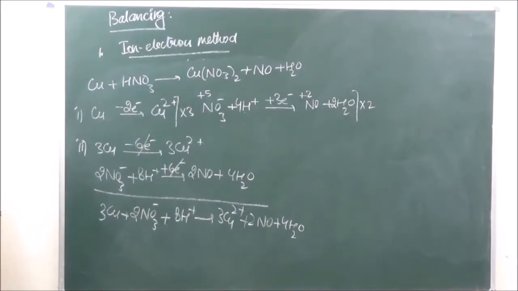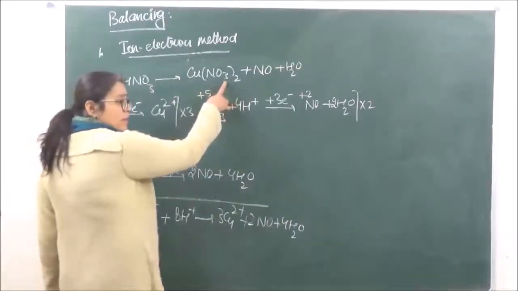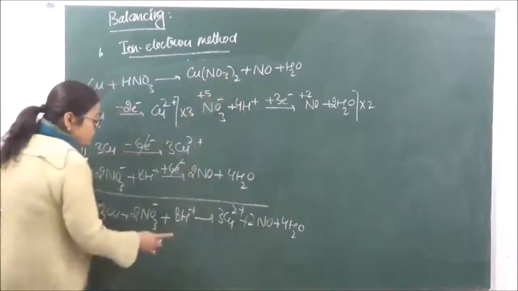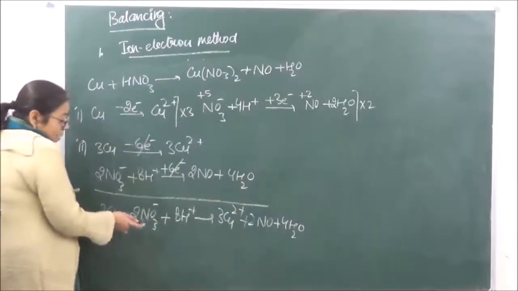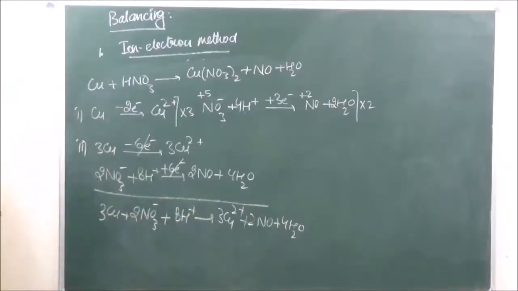Now in order to convert it into molecular form, you can see over here that the number of nitrate ions have to be now put. So if you're looking over here, there are 6 nitrate ions which are present. So to balance, apart from this, we will also put 6 more nitrate ions on both the sides so as to balance the number of nitrate ions. Finally, okay?